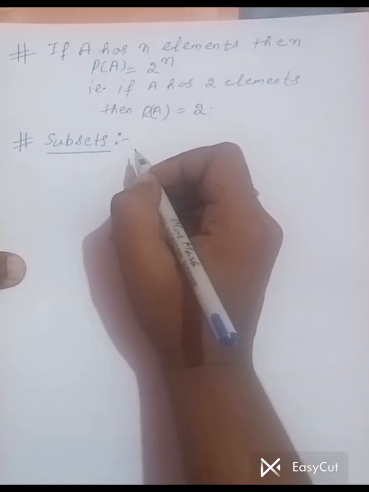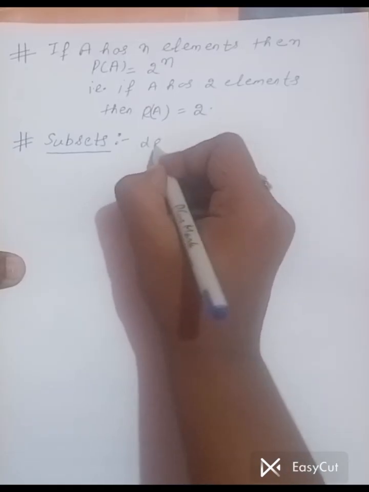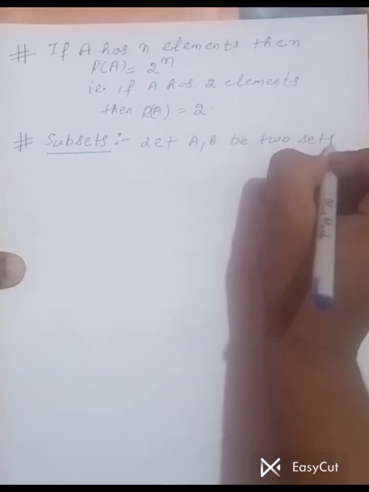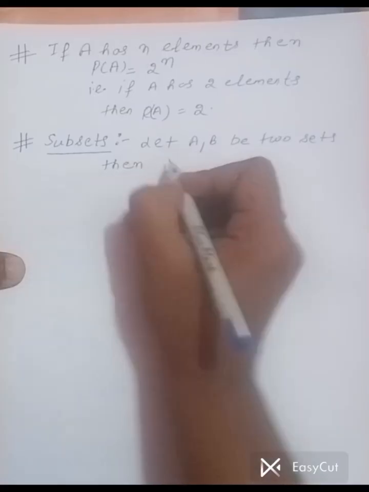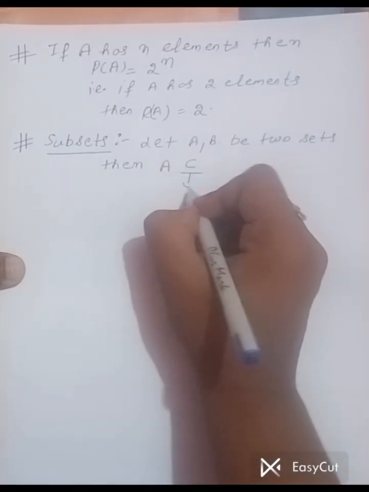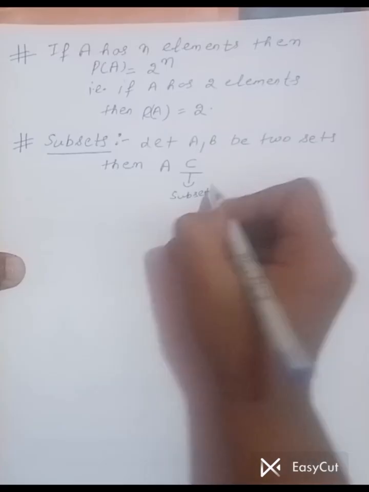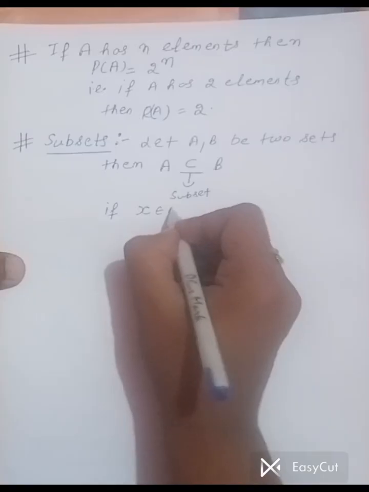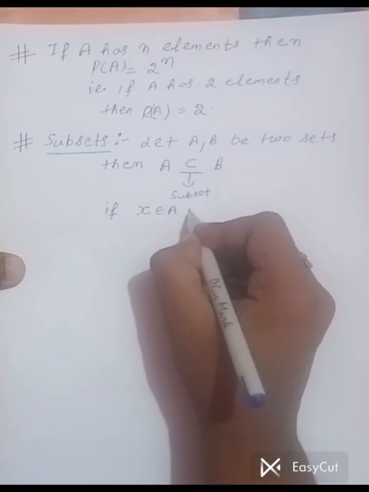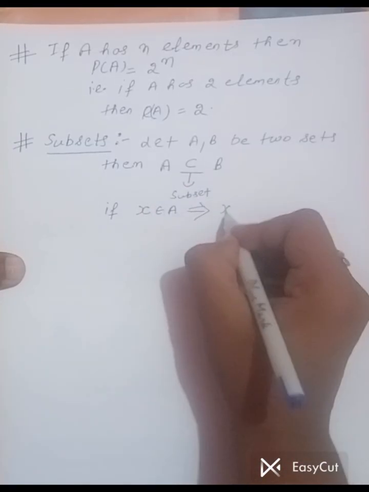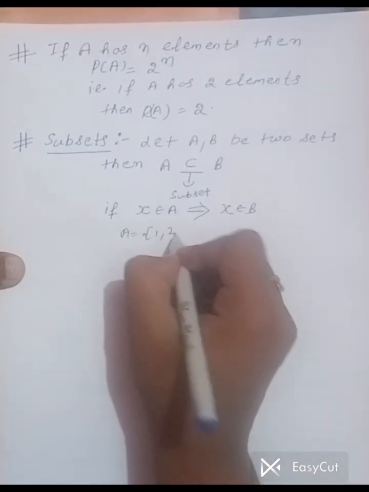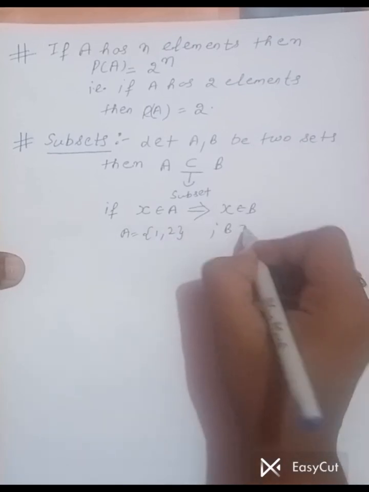In broad terms, you all know subsets, but in mathematical terms, I define. Let A and B be two sets. Then we call A a subset of B if X belongs to A implies X belongs to B. For example, A is equal to {1, 2}, B is equal to {3, 4}.